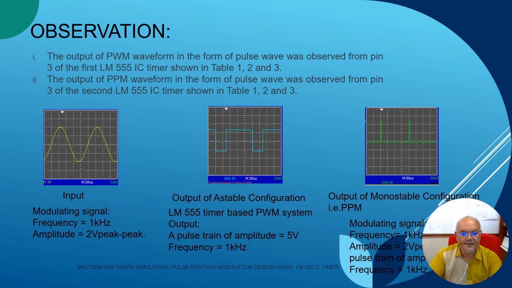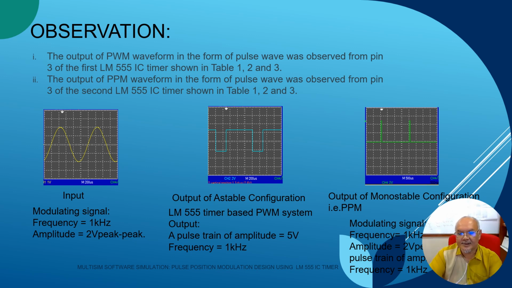For the input, the modulating signal used has a frequency equal to 1 kHz and the amplitude of the input is 2 V peak-to-peak. Secondly, the output of the astable configuration is a pulse train with an amplitude equal to 5 V peak-to-peak and a frequency equal to 1 kHz.